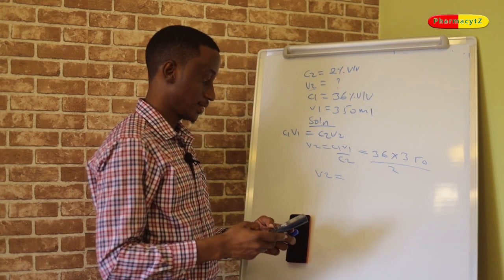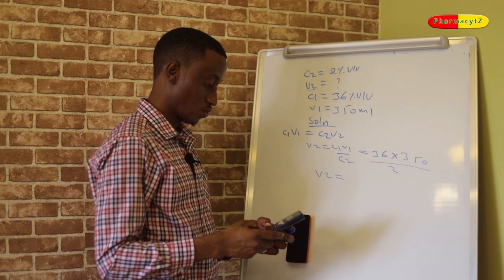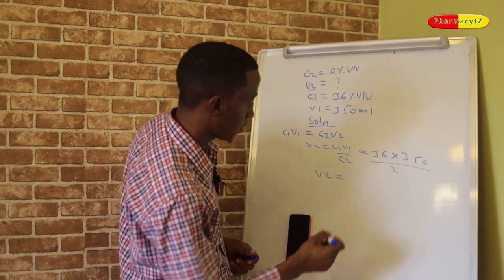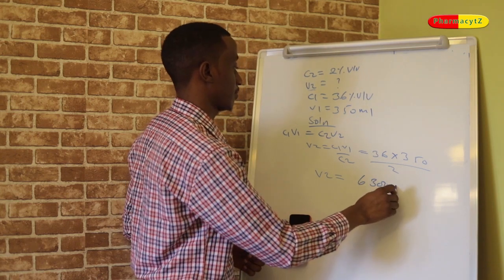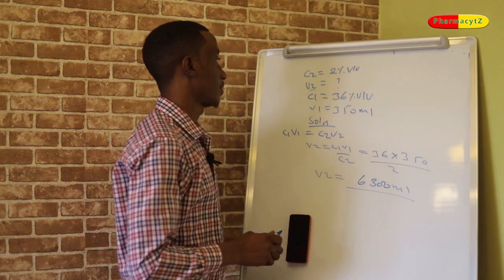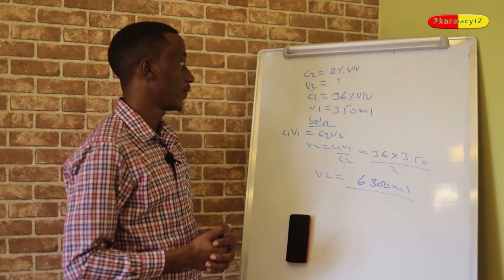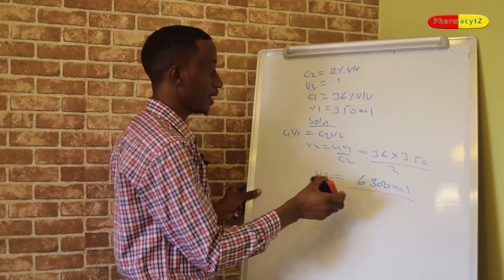This is 36 times 250 over 2, and this is 6,300. This is the kind of volume we are going to obtain after the preparation.